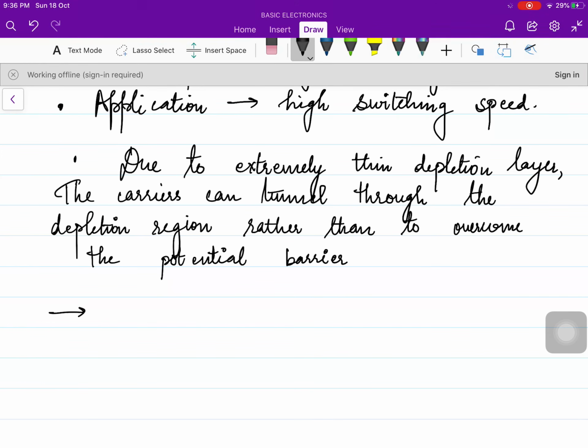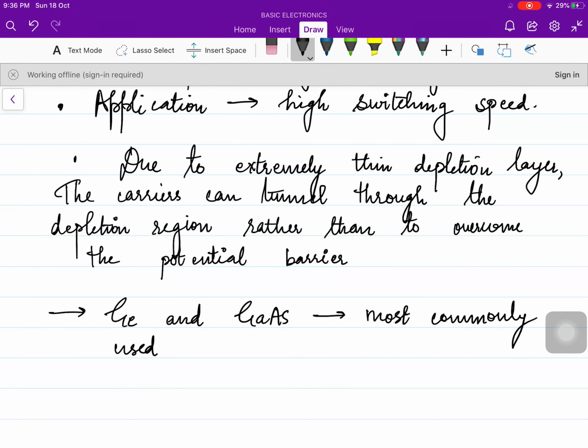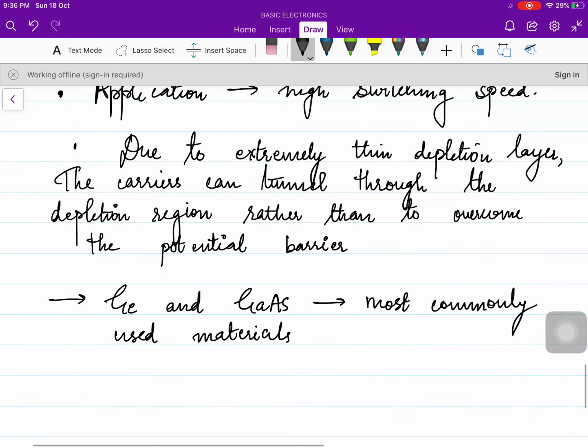So as soon as the diode is forward biased, the current rises. Now what are the most common materials used in making the tunnel diode? That is germanium and gallium arsenide. Most commonly used materials in the tunnel diode.